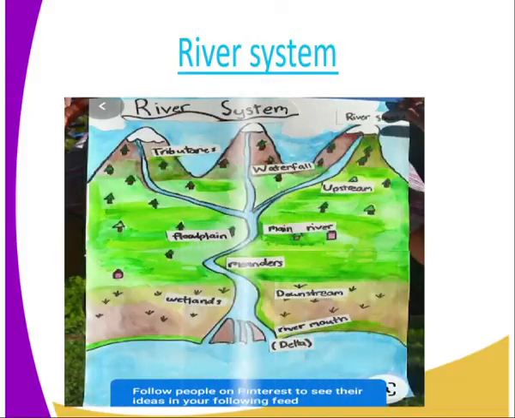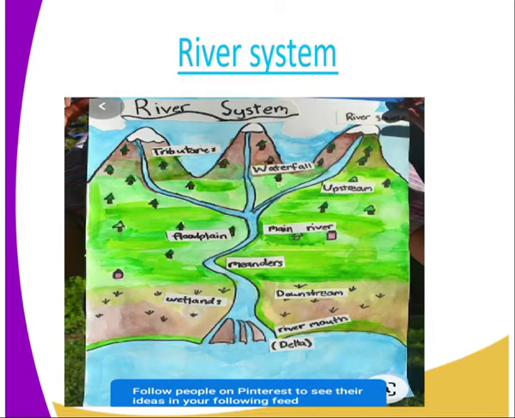Let us have a look at some of these things that we have talked about. We have talked about the river system, but we have not defined what a river system is. Now, when we talk about a river system, it covers from the tributaries, from the source to the mouth. All those are covered in a river system.